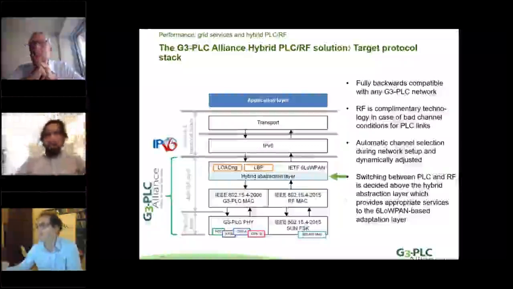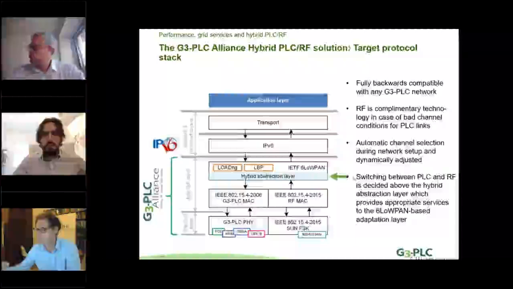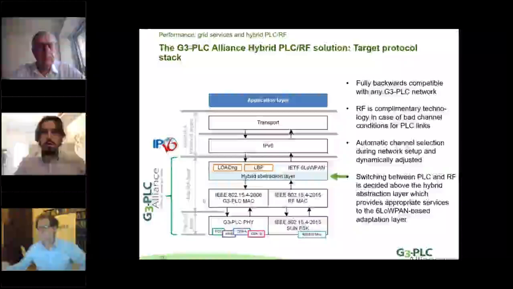I wouldn't expect that the presence of joints would significantly affect propagation of PLC, because at the end, what really affects PLC is rather the impedance of customer loads, the number of customer loads and the density of customer loads.